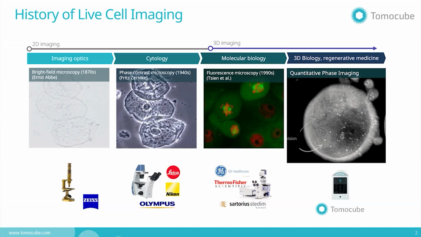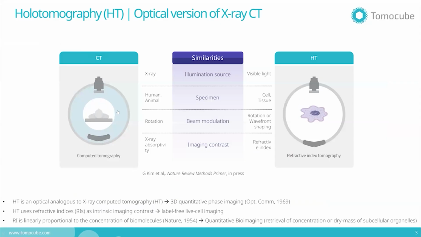But I see that for the next decade, there is going to be a lot of research work in the field of 3D biology, including organoids and microphysiological systems, and also regenerative medicine, such as the use of iPSC colonies, therapeutic agents, and etc. So for those applications, we need 3D imaging capability without the use of exogenous labeling agents.